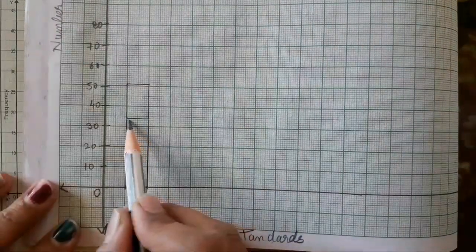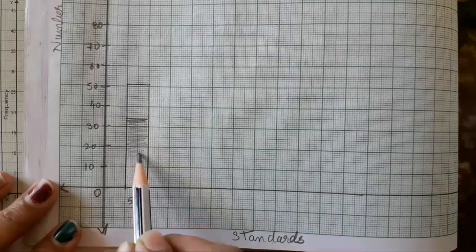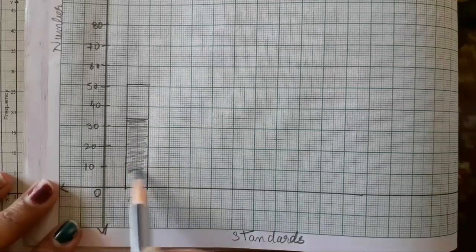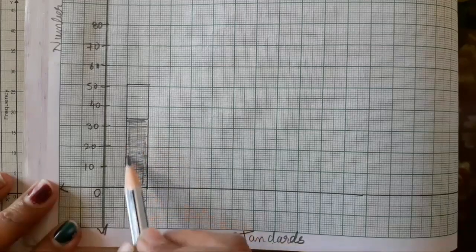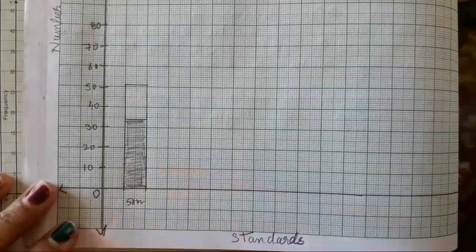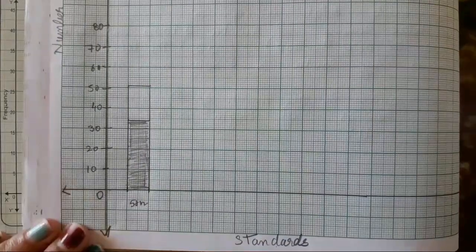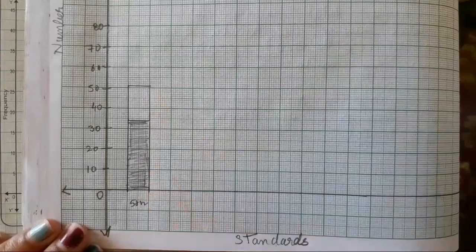Shade it, as we have taken for boys, the shaded portion. So is it clear? The 5th standard subdivided bar is ready.